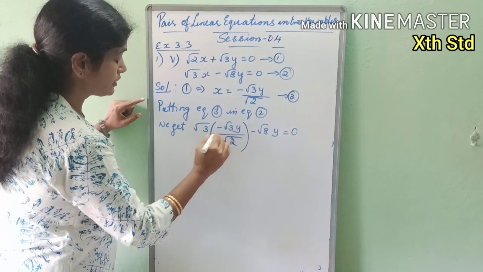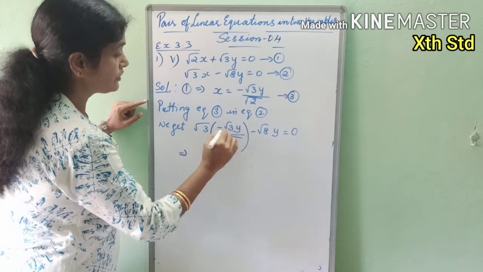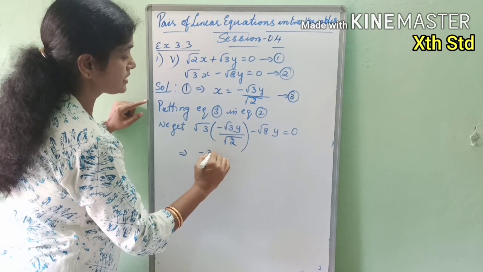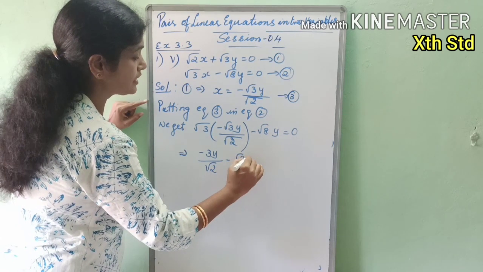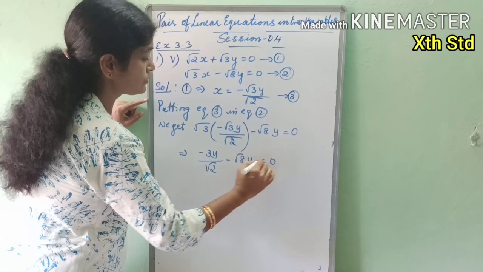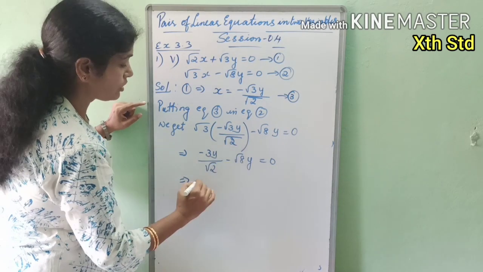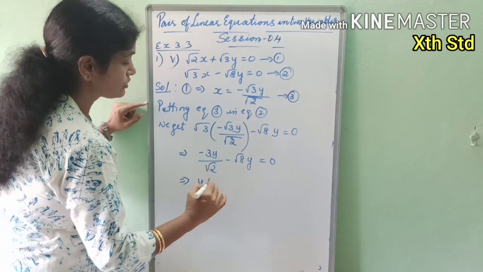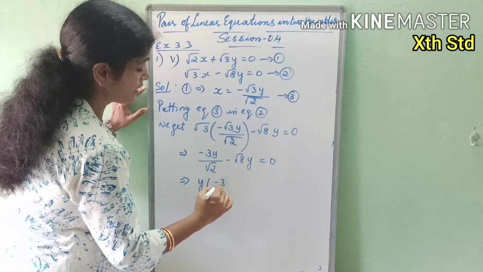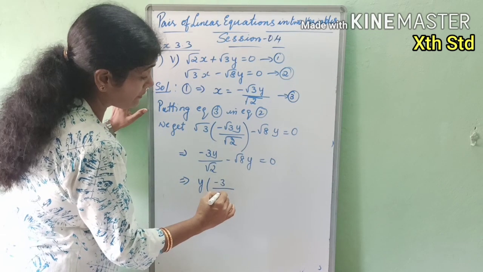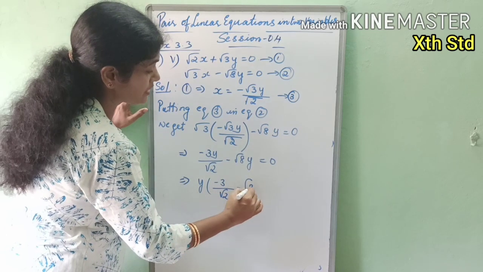Now with this root 3 we will multiply. This is nothing but minus 3y by root 2 minus root 8 into y is equal to 0. y is common. Let us take out y here. So y into (minus 3 by root 2 minus root 8) is equal to 0.